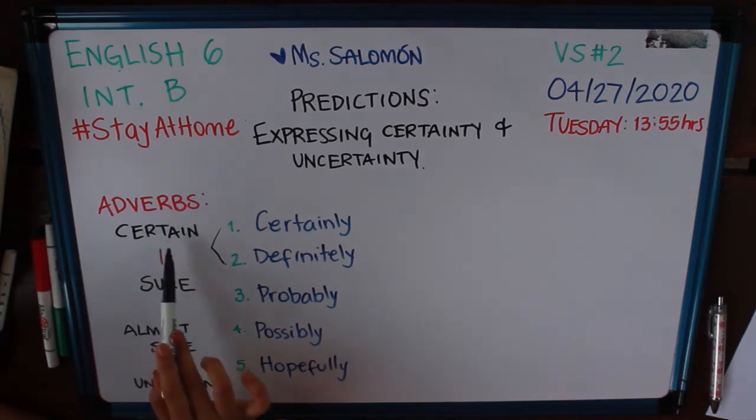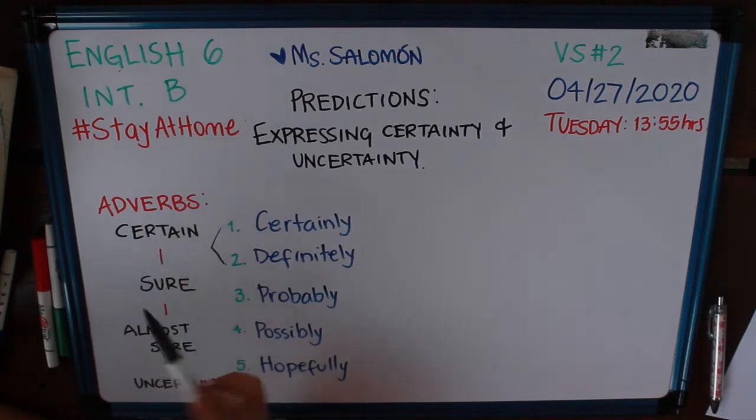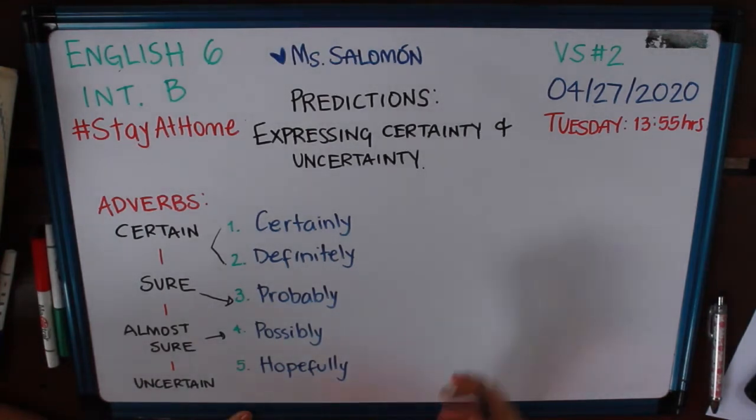That is, between that where we are very sure or sure. Whenever we use the adverb probably, we're saying that we are sure. Whenever we use the adverb possibly, we're saying that we are almost sure that that thing is going to happen. And if we use the adverb hopefully, we are saying that we are not so sure about it.